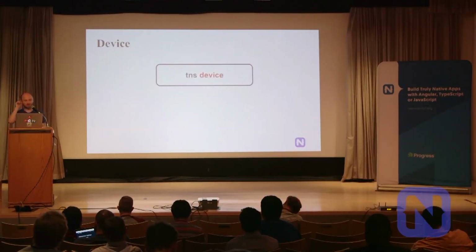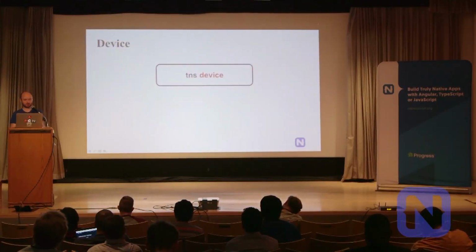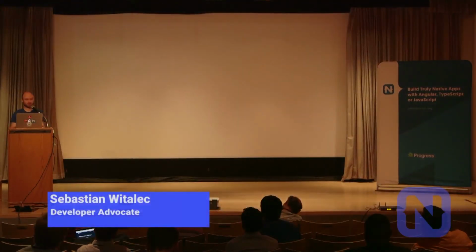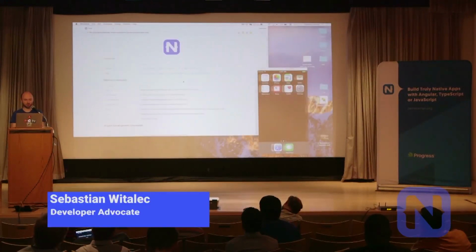TNS device, this one is pretty cool. It's one of my favorites, especially when I run workshops. I can actually show you. So I already have the emulator open over here.